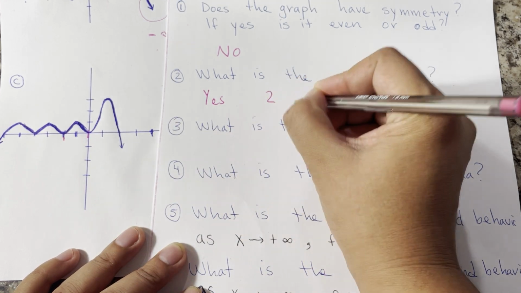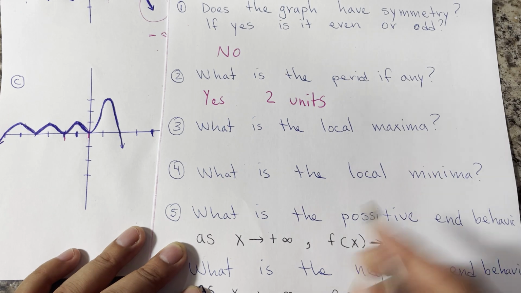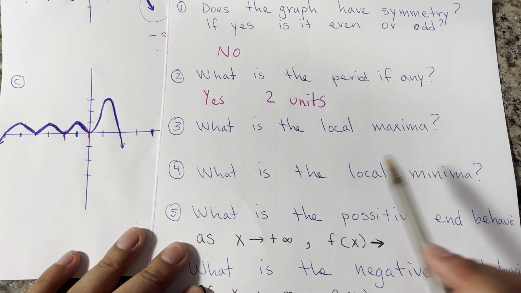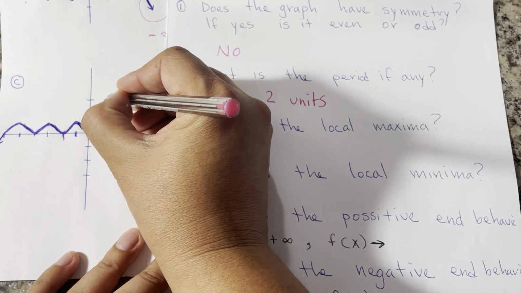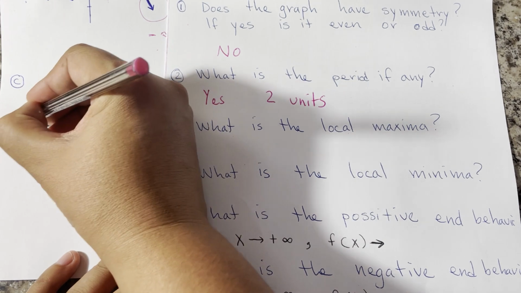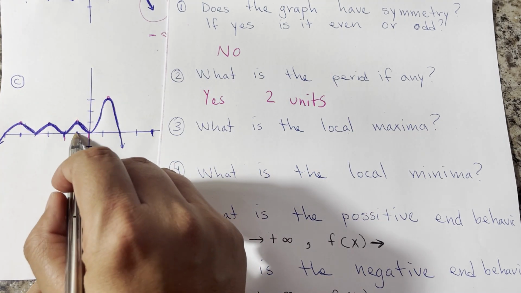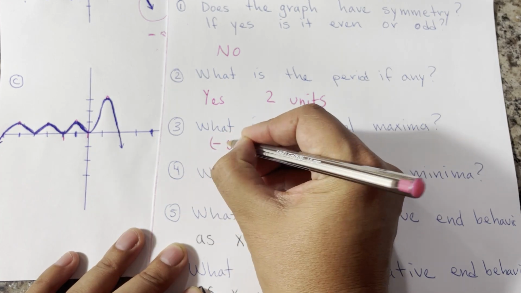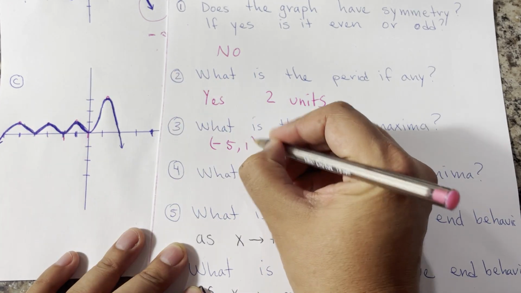Okay, so 2 units. What is the local maxima? In here, it refers to all the points that are up above. So it would be this one, this one, this one, and this one right here. So it's -1, 2, 3, 4, 5. One of them is a -5, +1.